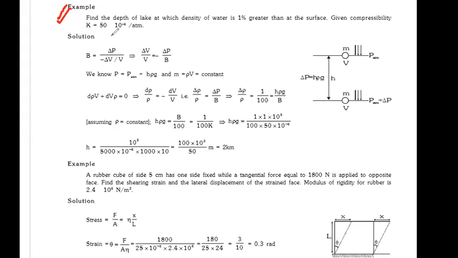Got it? Tell me, guys, got it? This is what I was talking about, right? Which means when we don't have dV by V, I can write that in terms of density. I hope all of you remember. So this is the example of what I said.